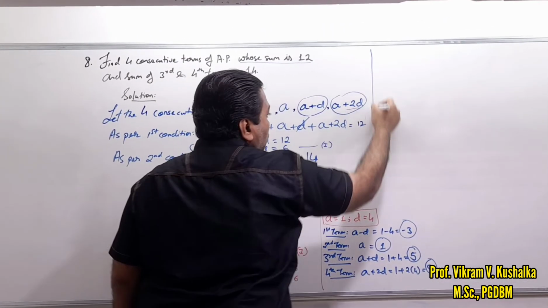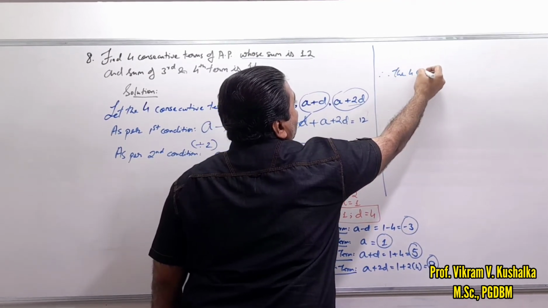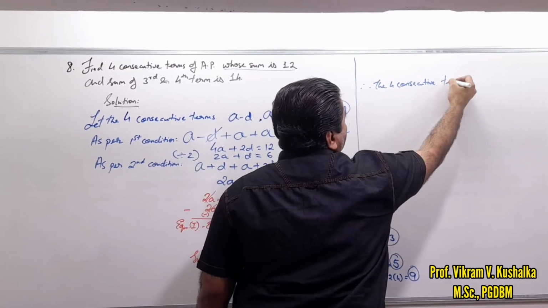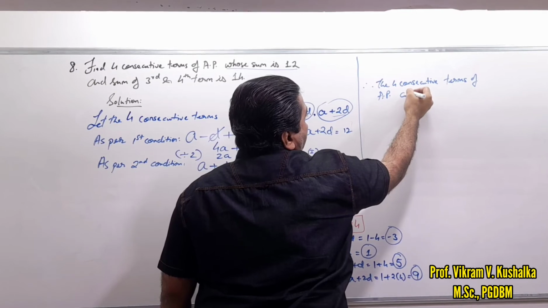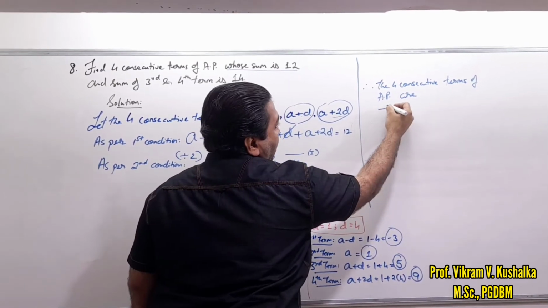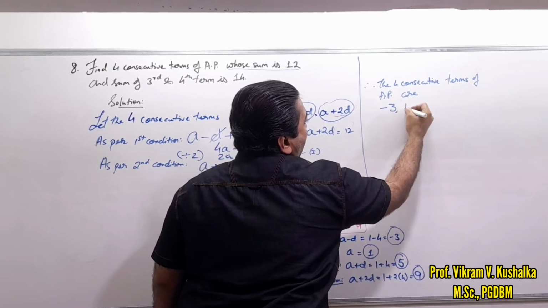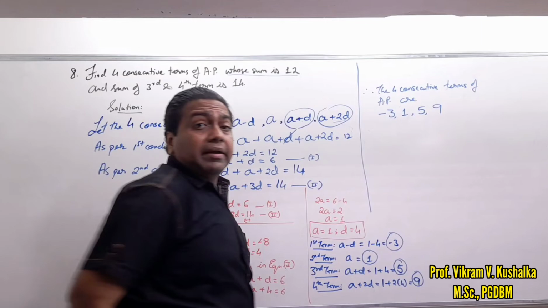So therefore, what can I write? The 4 consecutive terms of the given AP are minus 3, 1, 5 and 9.